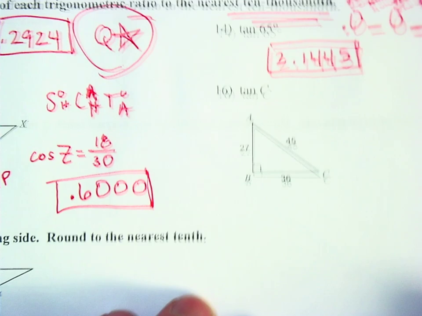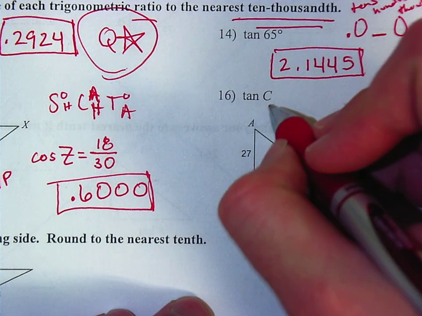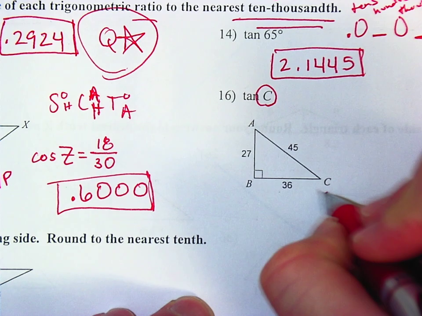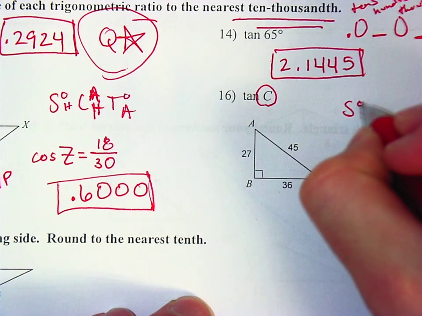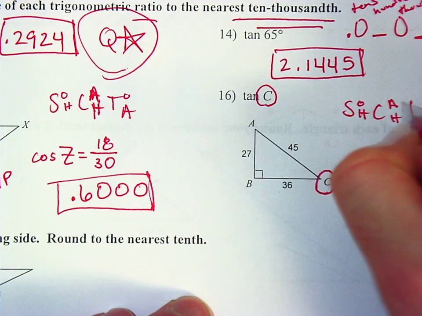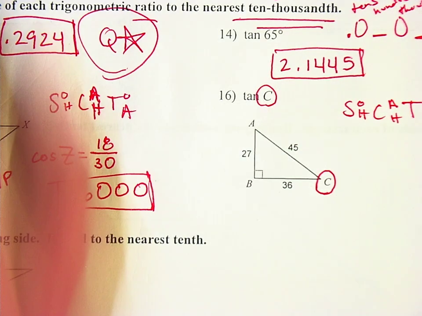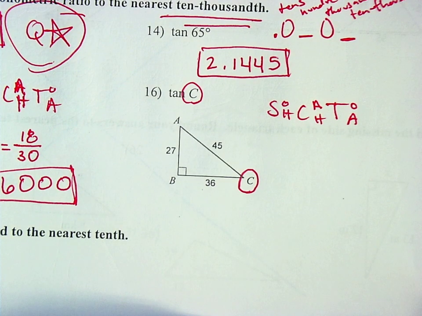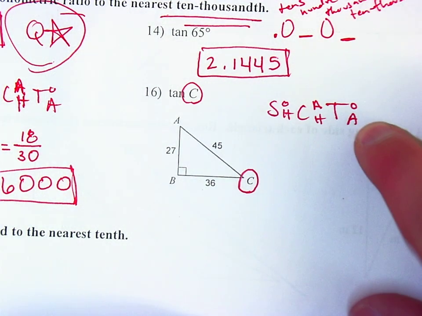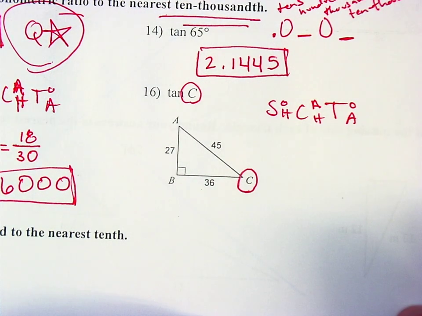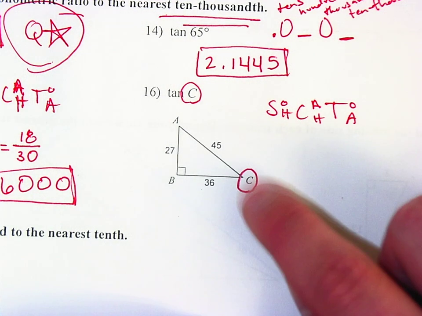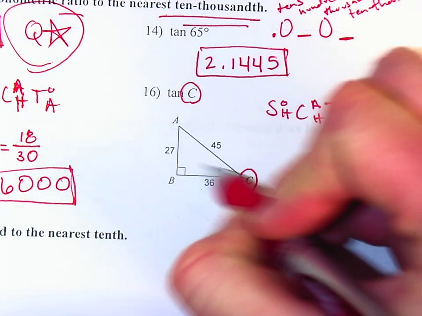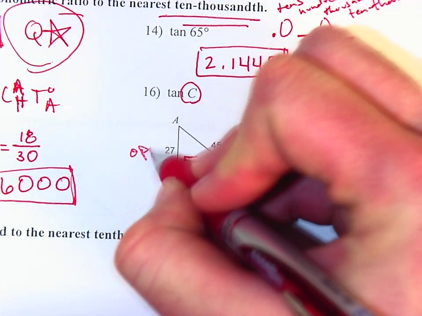So again, let's look at another one just like that. They want the tangent of c. Here's our angle c. We know from SOHCAHTOA that tangent is opposite over adjacent, O over A. So let's look at angle C. From angle C, the opposite side would be 27.